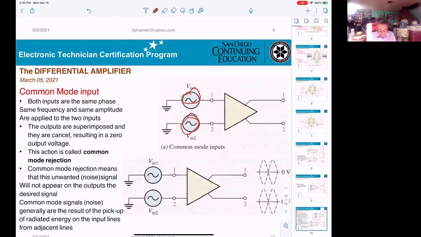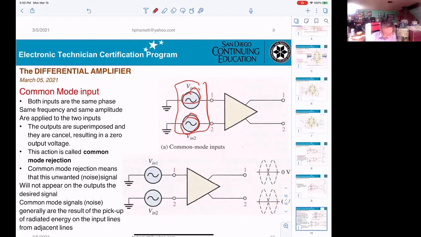So they consider this input to be noise. So the op-amp, when looking at the input, sees they are identical and they will be rejected. So the output will be 0.